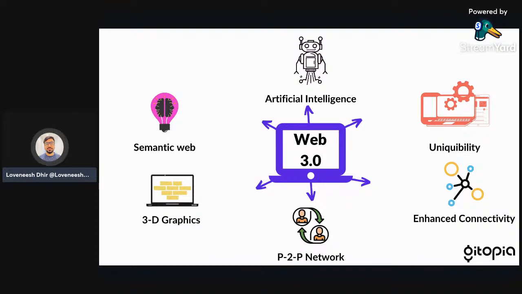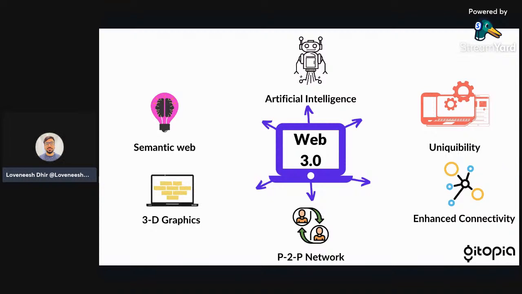This means that the control of internet shifts to the individual user itself, and this also results in privacy along with it. And we can say that the user is the sole owner of the data that he or she is creating. Okay.